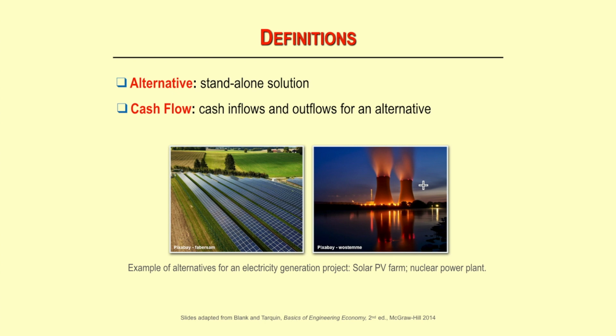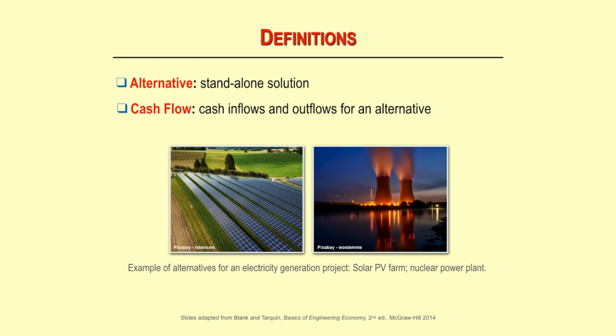So for example, the cash flows for the nuclear power plant could be the income that the company operating the nuclear power plant receives by selling the electricity that it generates. So that's cash inflow because that's a revenue. And the cash outflow could be the operating expenses, operating costs that are needed to maintain the nuclear power plant.